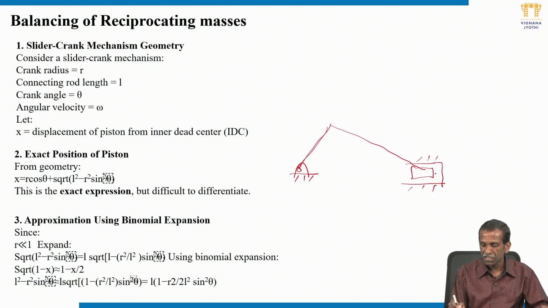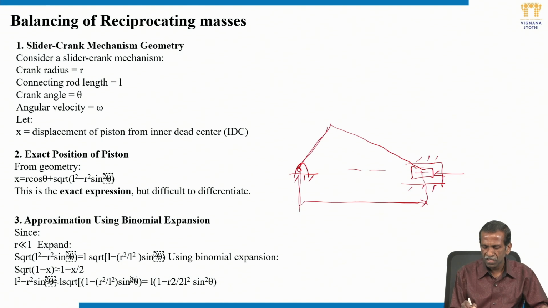As the piston is getting displaced, the piston reciprocates in the cylinder along the center line, so the acceleration of the piston can be derived starting from the displacement of the piston with reference to the crankshaft, which is rotating in the bearings.